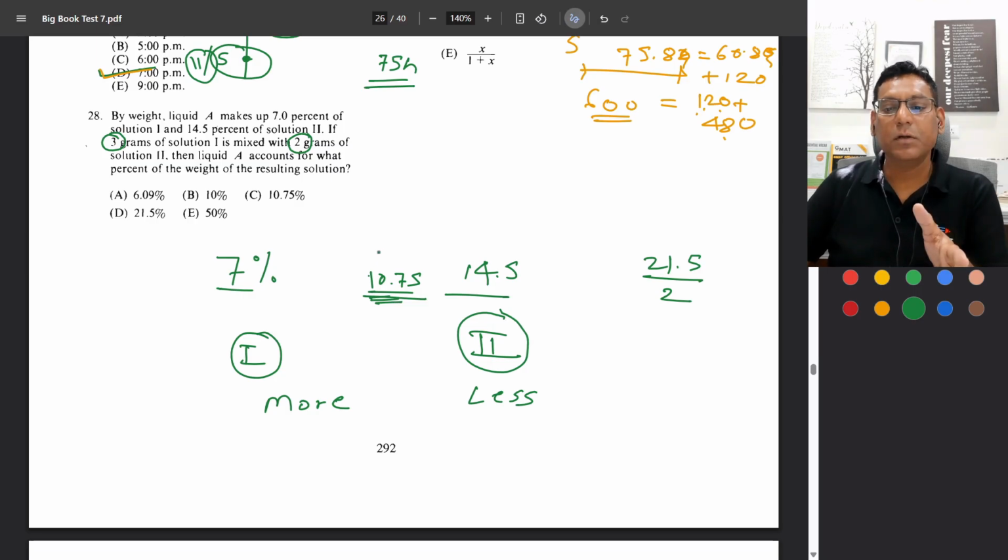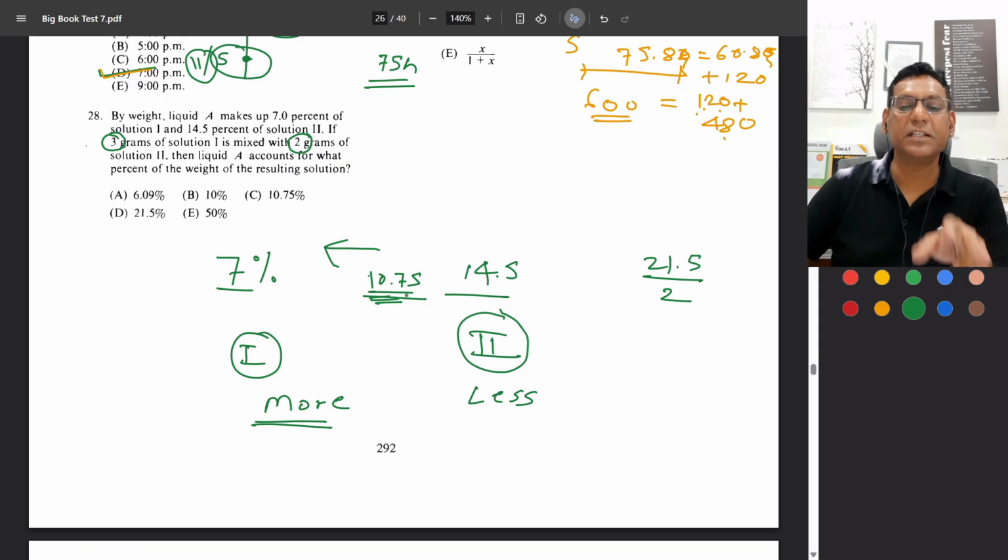Now the concentration of A in the mixture is going to be towards solution 1, because I have more of solution 1. That means it should be less than 10.75, and only slightly less because the difference is not much.